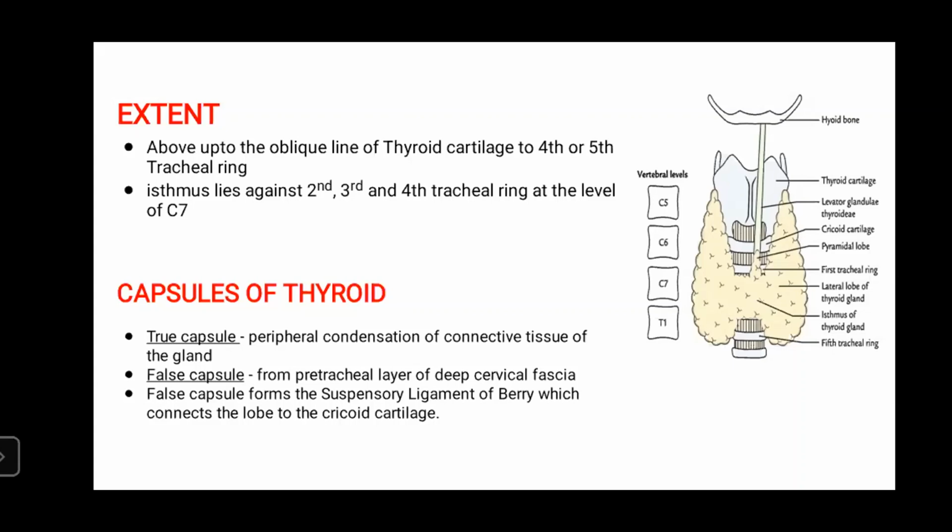True capsule is formed by the peripheral condensation of connective tissues of the gland, and false capsule is formed by the pretracheal layer of deep cervical fascia. False capsule forms the suspensory ligament of Berry, which connects the lobe to the cricoid cartilage. Thyroid can get injured at this space during thyroidectomy.